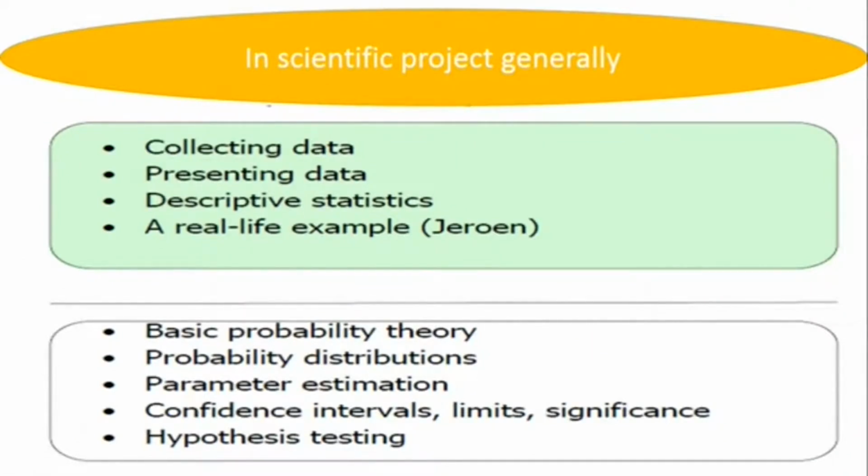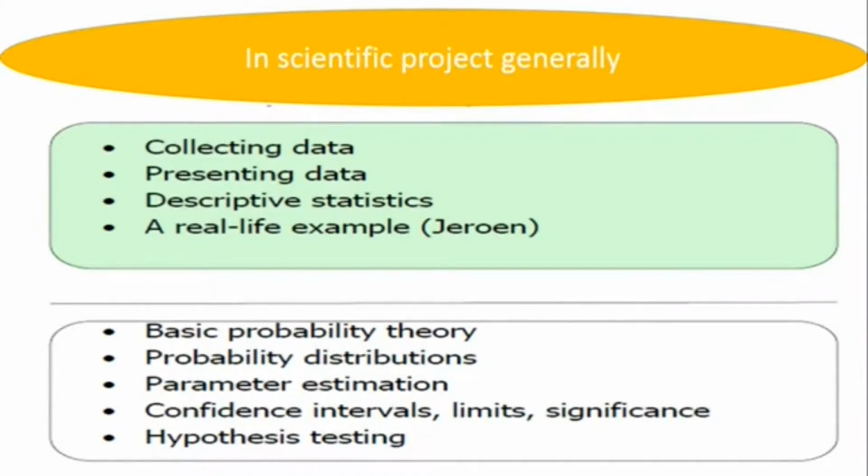To make descriptive statistics, you need to have basics in probability theory and probability distribution. If you want to go further than descriptive statistics and do inferential statistics, you need to know how to estimate parameters. You need notions of confidence interval, limits, and significance. You need to know how to do hypothesis testing.